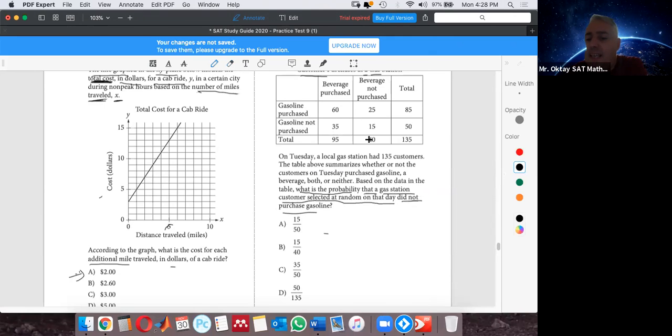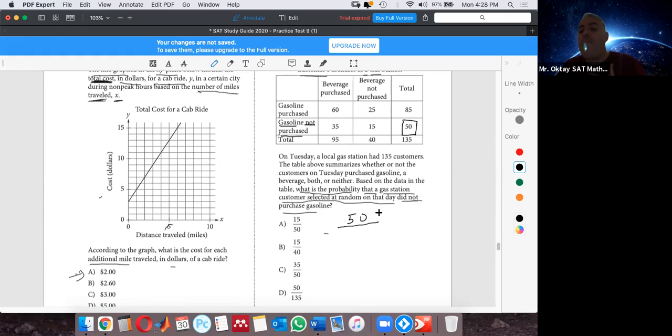How many cases do I have where people didn't buy? Isn't it 50? Gasoline not purchased. So the numerator is 50. This is the event that I want to see. My event is not to buy gasoline.